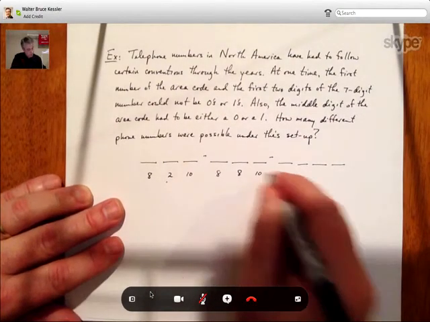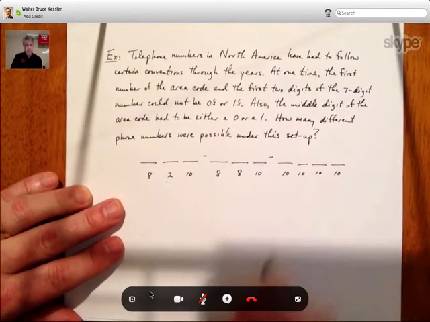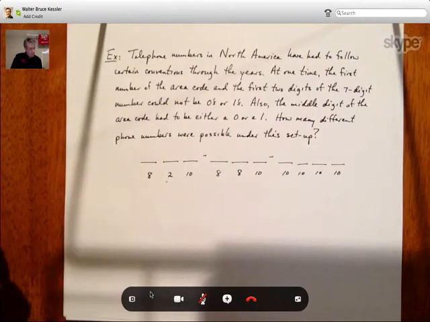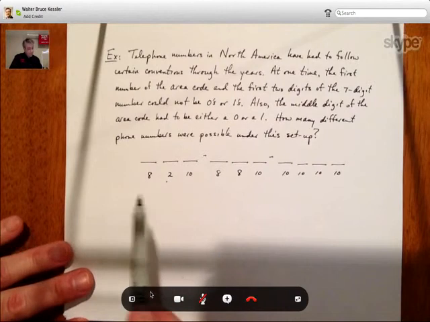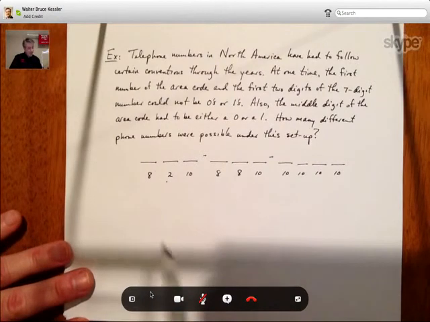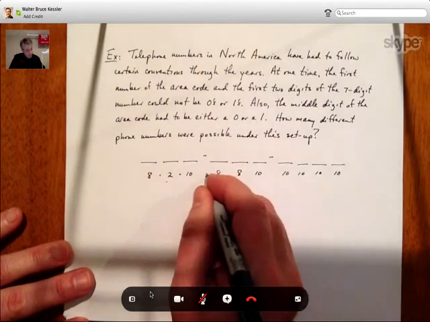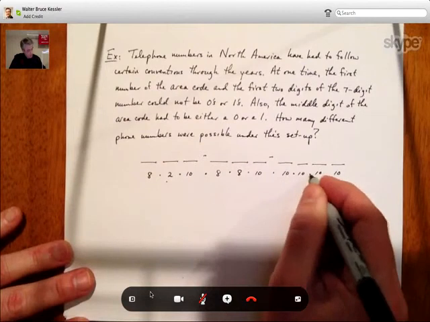So 10 choices there, 10 choices here, 10, 10, 10, and 10. Okay? And so the fundamental theorem of counting, the extended theorem of counting, tells us that the number of ways to conduct this procedure of selecting all these numbers is to multiply all of these numbers together.